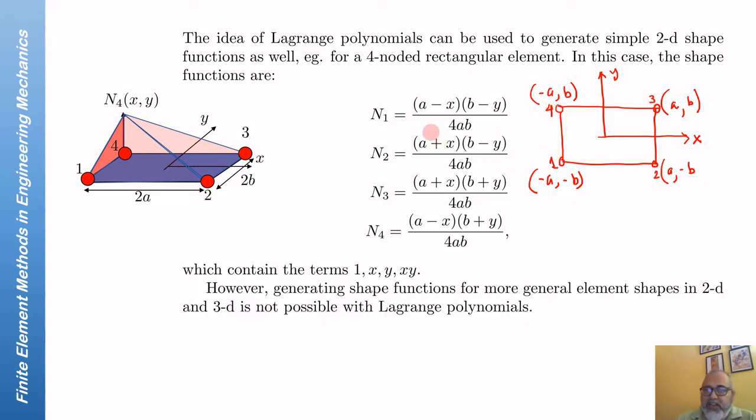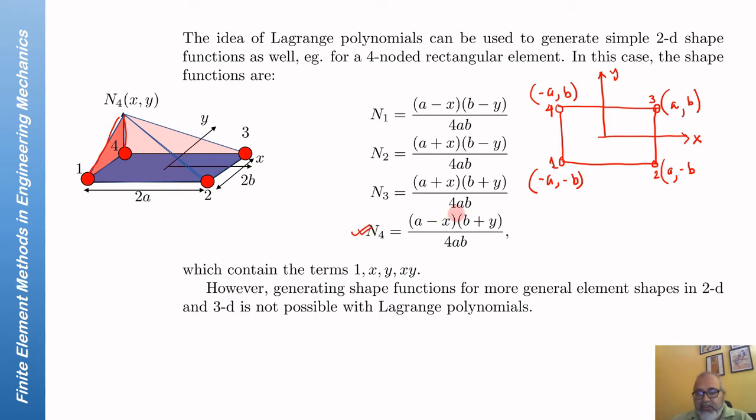So if you look at these shape functions, suppose you look at N4, which is at this node, it will be this tent-like shape function, which is 1 at node 4, 0 at node 1, 0 at node 2 and 3. So this shape function can be generated by using a bilinear function. So you take one Lagrange polynomial along the x-axis, another Lagrange polynomial along the y-axis. So you take one along this, you take one along this, and multiply them together, you will get N4.